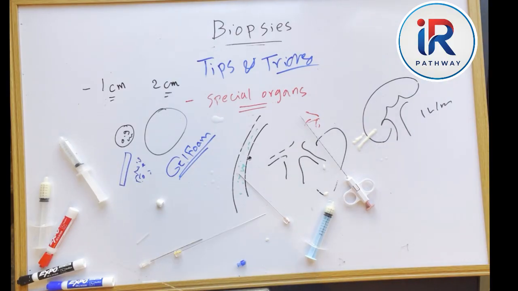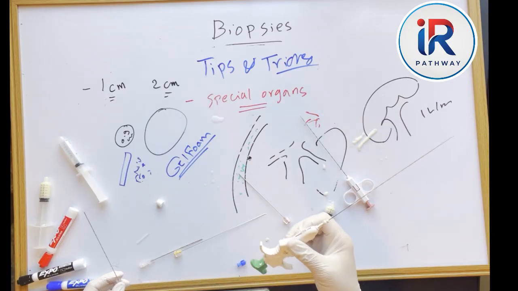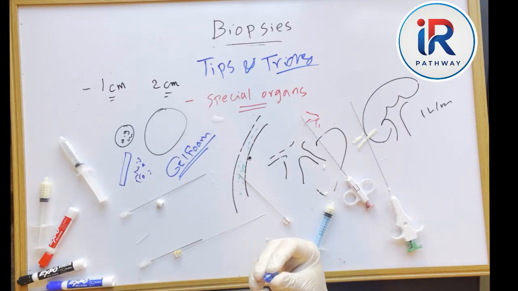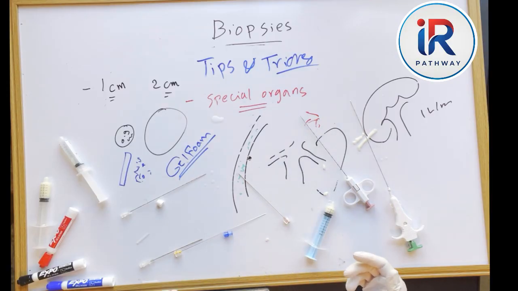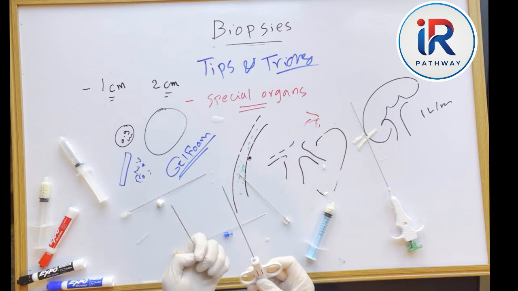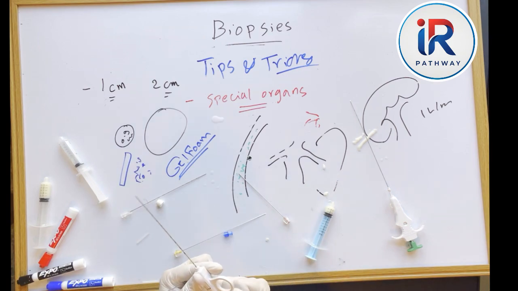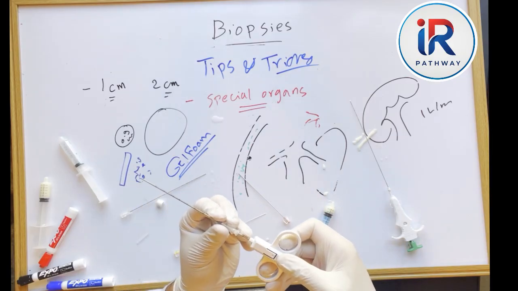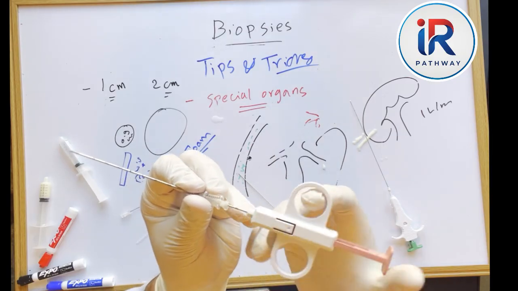Actually, all these modifications are useful, but you may not always have access to these advanced devices. So, when you get this piece, make sure not to lose it, as you can still perform the same technique manually. In fact, that's how we did it before these newer devices were available. Just set the needle to 2 centimeters and insert it through the coaxial needle, but instead of going to the hub, stop 1 centimeter short.